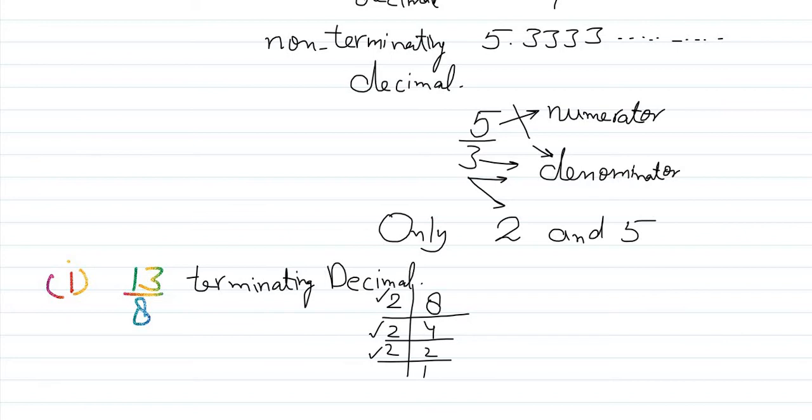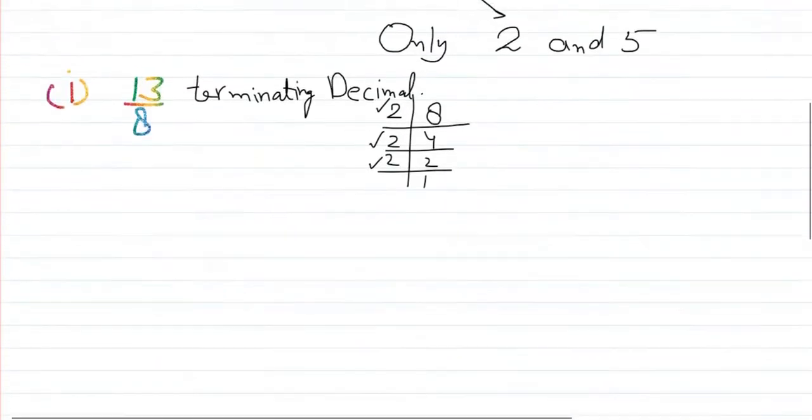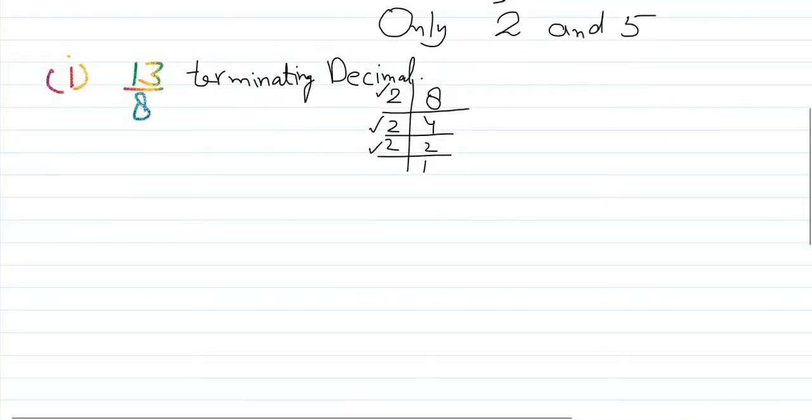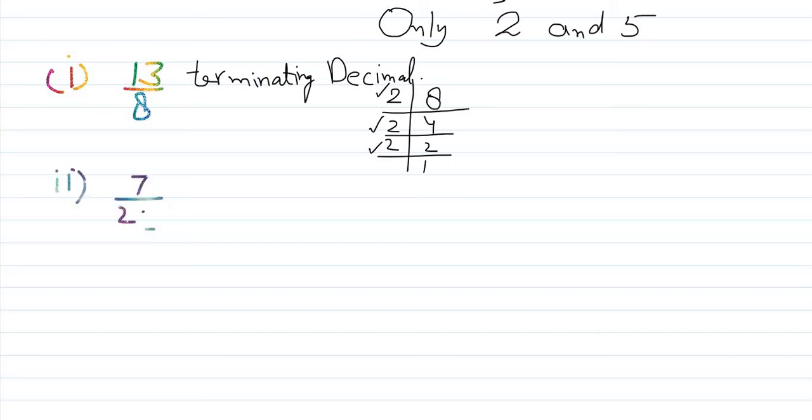Now I am solving part number 2. Part number 2 is 7/25. We are not checking 7, we are checking 25. When we take the LCM of 25, here you can see 5 fives are 25, 5 ones are 5.